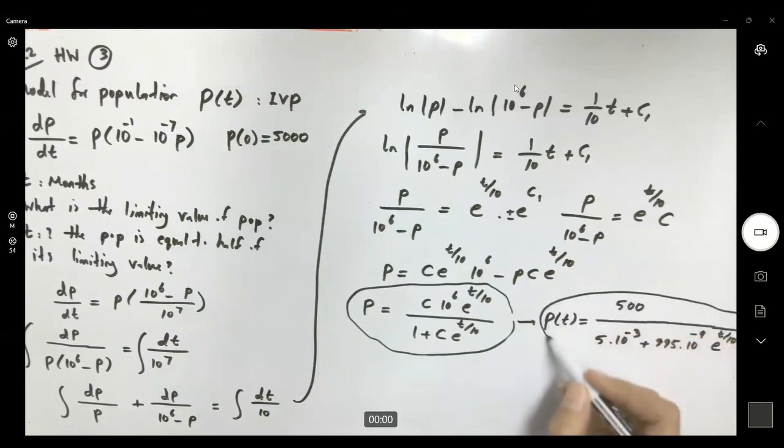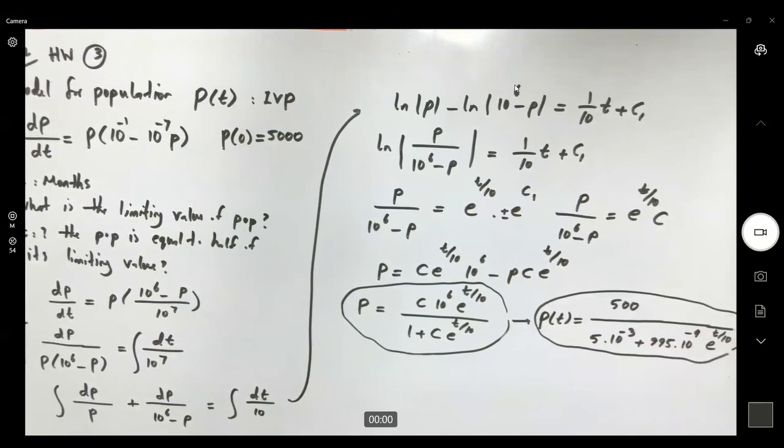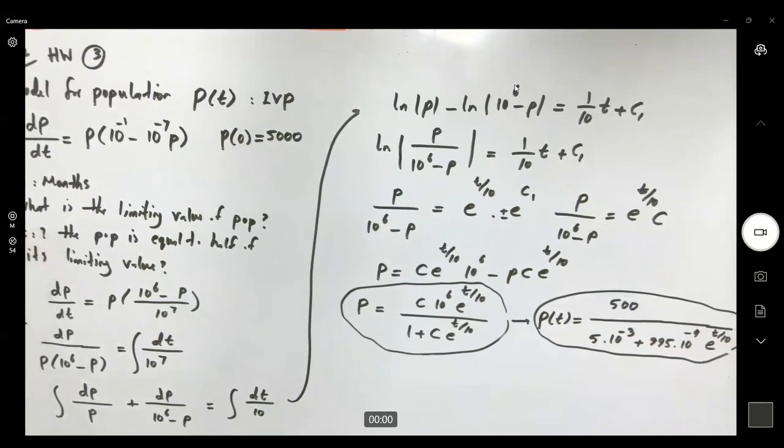So this is our model. And we know that the limiting value is 1 million.